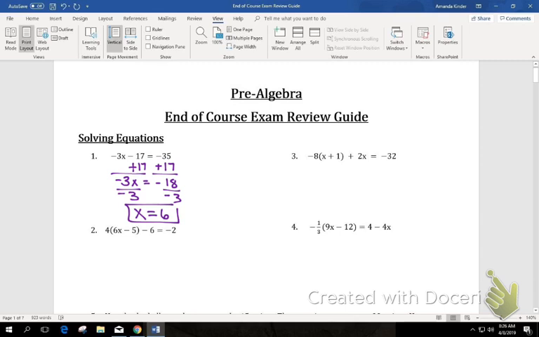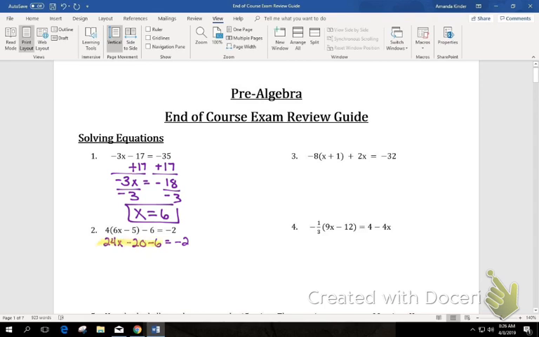But on number 2, can anybody tell me, after you did distributive property, what did you write on your next step, Elizabeth? 24x minus 20, and then minus 6 equals negative 2. That's exactly right. Okay, very good. Now, here's the next question you ask yourself.